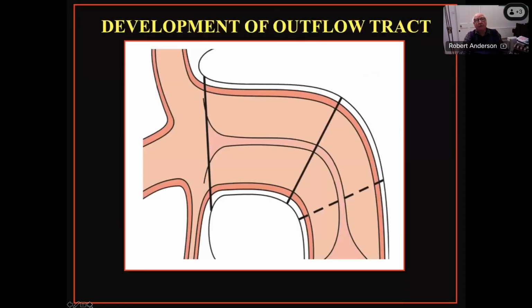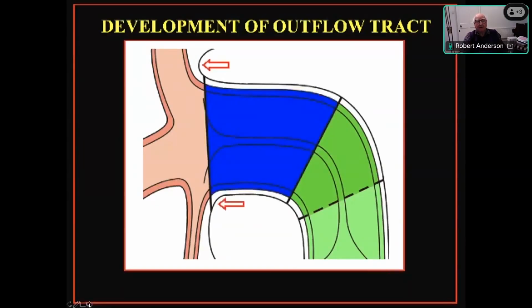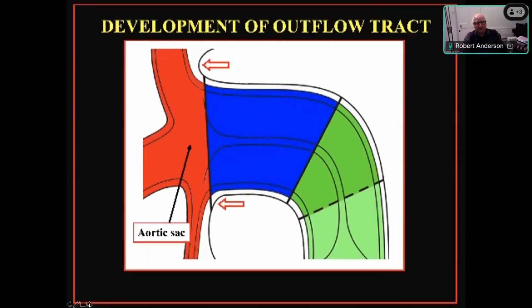So how do we explain development of the outflow tract? We explain it in tripartite fashion. We have a proximal part, a middle part, and a distal part. And then, at the margins of the pericardial cavity, we have what initially is the aortic sac.